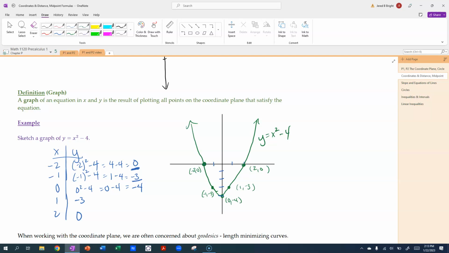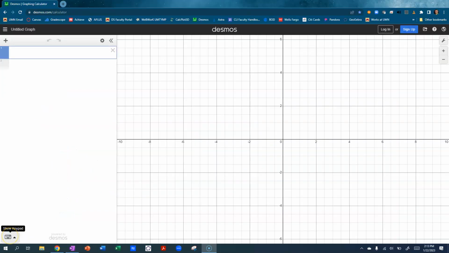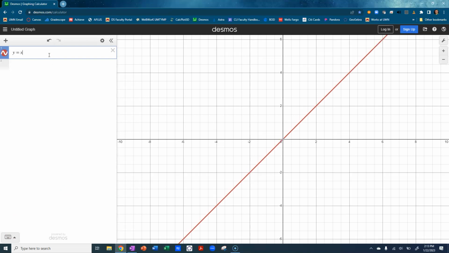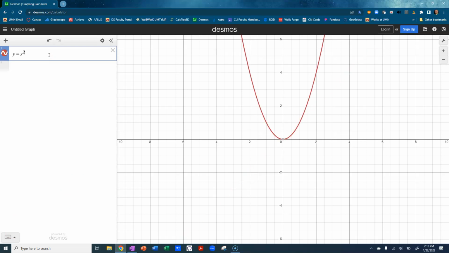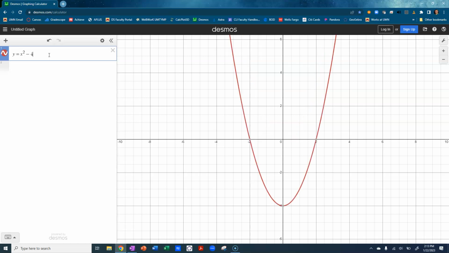If you wanted to, there is a handy website, desmos.com, okay? And then on there you have to click on calculator, but it's a nice visualizing tool for equations. So if you type in y equals x squared and then minus 4, you can see it produces the same idea that we had with just a little bit more precision.